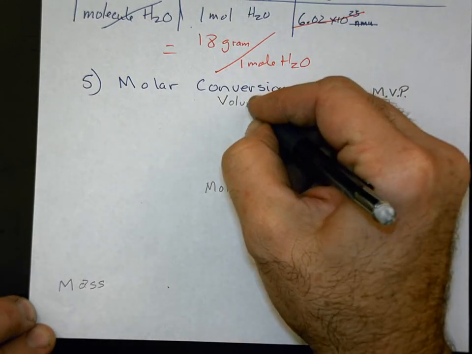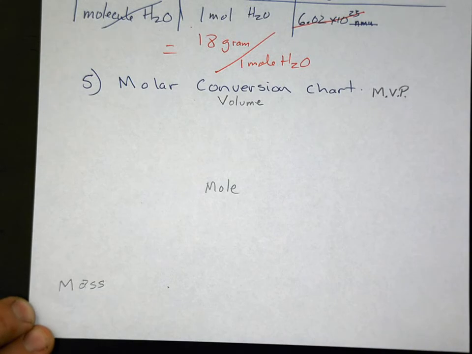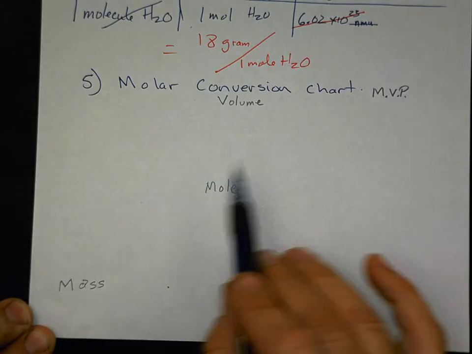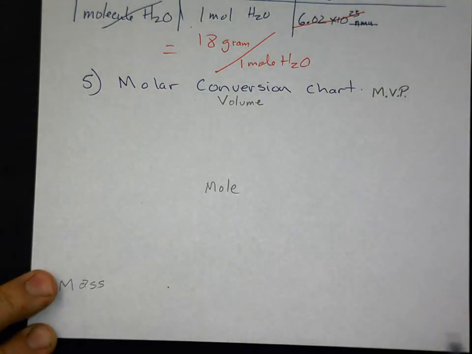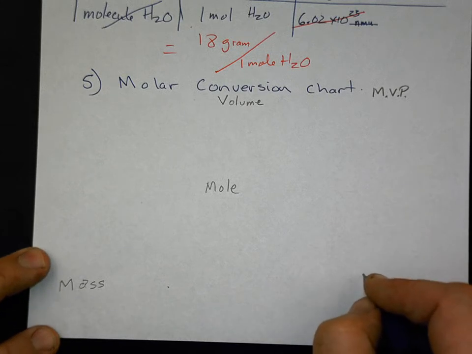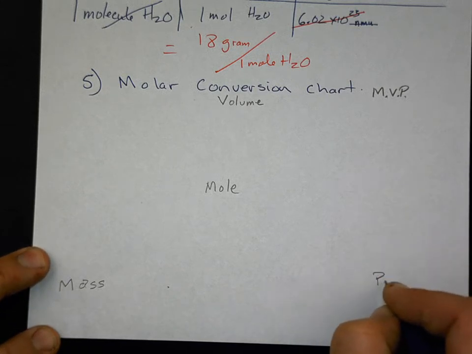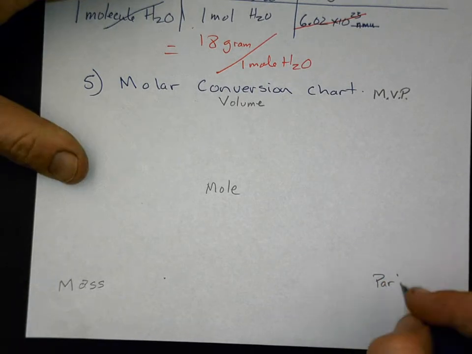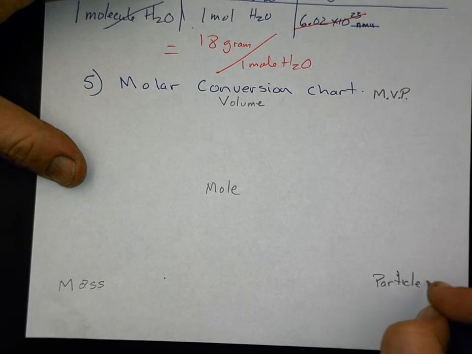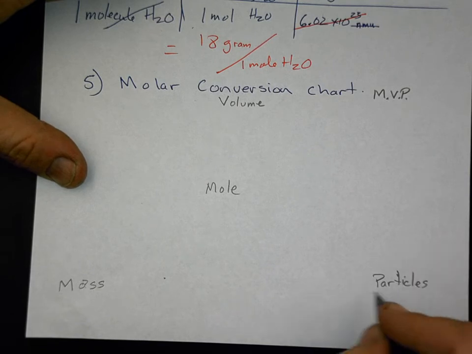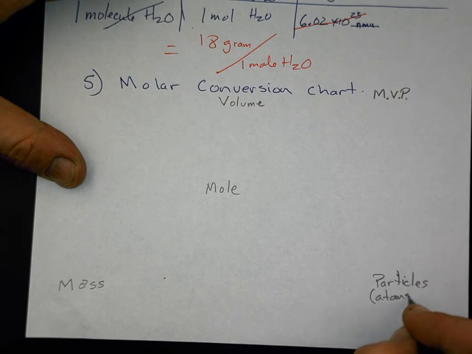You're right, volume. And then lastly in this bottom corner, P is going to be for particles. By particles we mean atoms or ions, or it could be molecules.